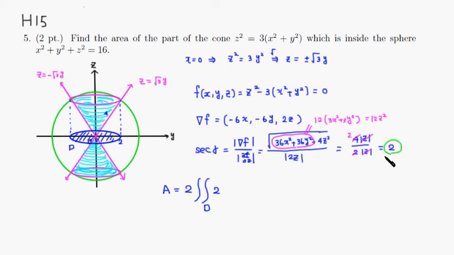So this is just 2 times 2, so 4, times the integral over D of the area element. So this is 4 times the area of the disk D, and you can find that. I'll let you finish it. That's it. I hope that this will get you going.